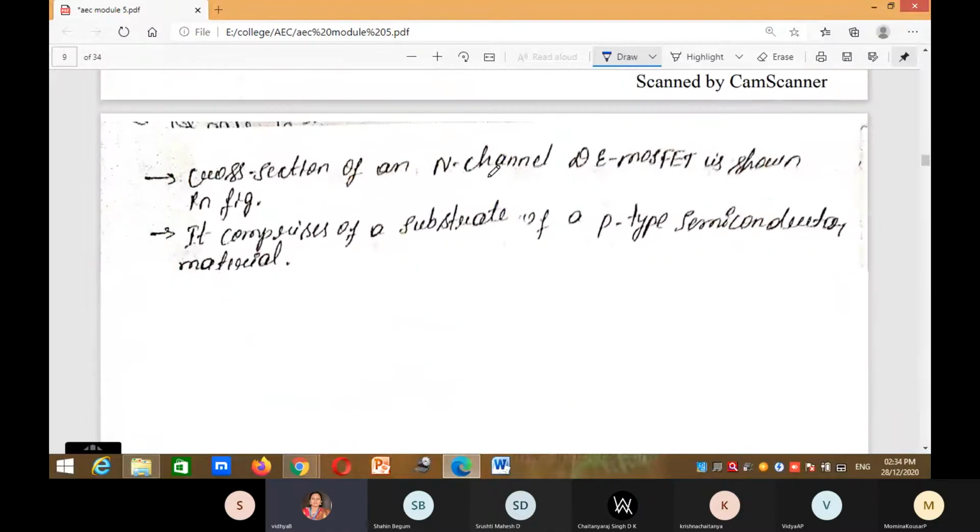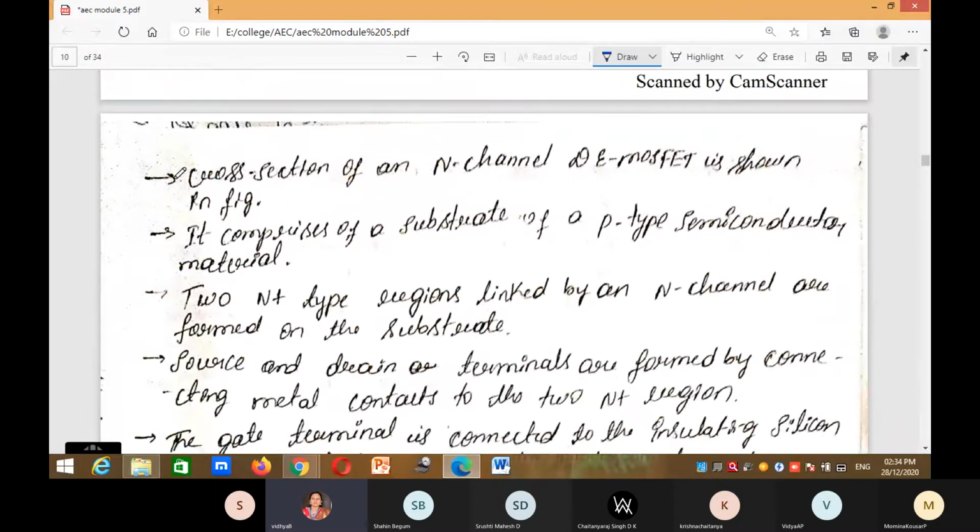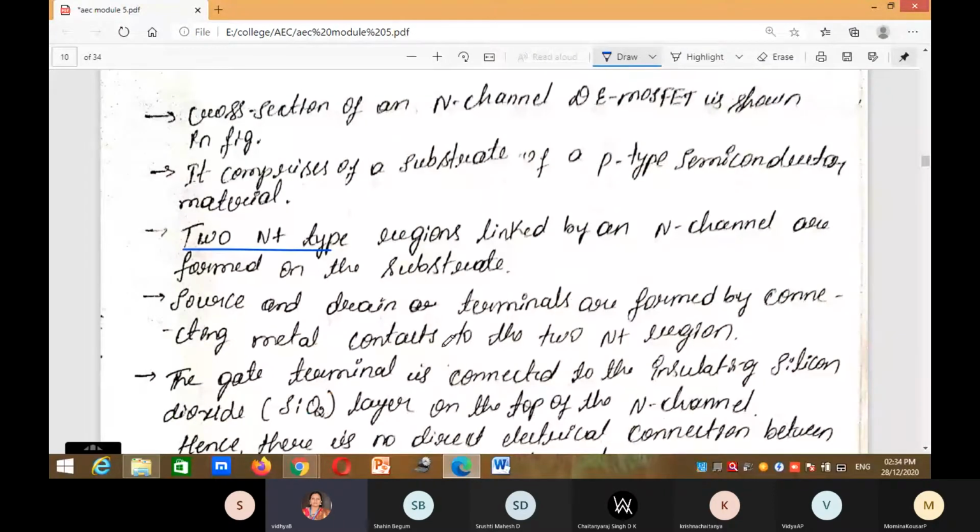The cross section of an N-channel D MOSFET is shown in the figure. It comprises a substrate of P-type semiconductor material, and two N plus type regions linked by an N-channel are formed on the substrate. Source and drain terminals are formed by connecting metal contacts to the two N plus regions, as I have already said.